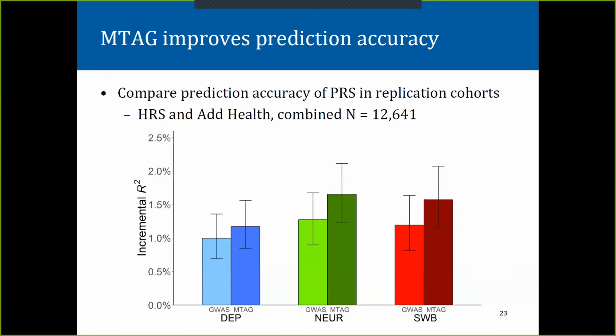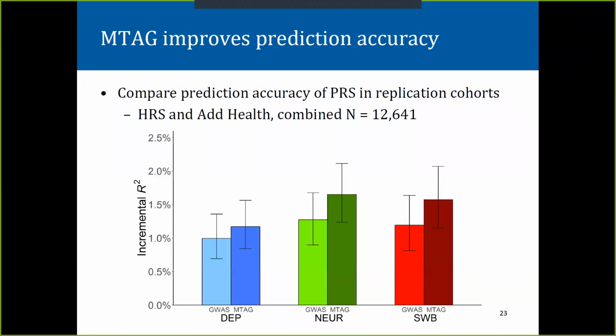And so by incremental R squared, what I mean is that we take our replication data, in this case the Health and Retirement Study and Add Health, which are samples that we didn't include in the main analysis, and we regress the outcome onto just the set of controls. So in this case, principal components and sex, age, I think that's it.